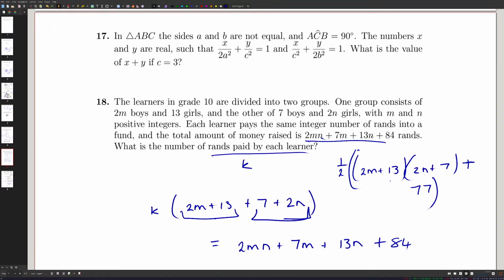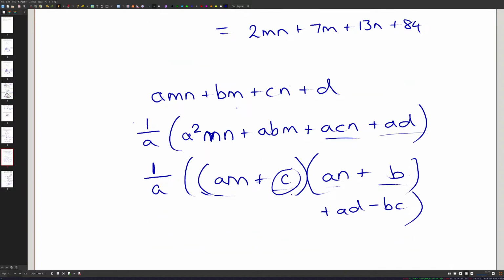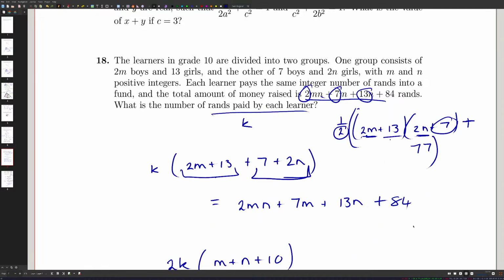So basically it's a half of, I took this thing, so that gave me the half, so that I've got 2m and 2n to use in the factorization. And then this 13 is just this 13, and the 7 is just this 7. So it's literally just the numbers from the coefficients of the original expression. And this A is like that A, and then this is just whatever you need to do to make the constant term come out correctly.